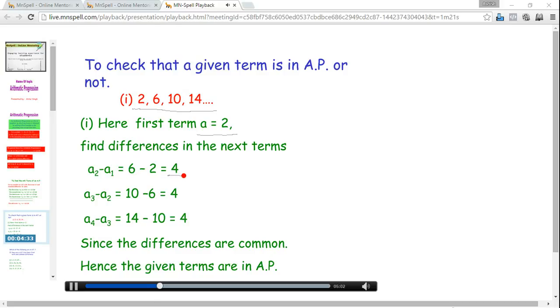The second term is 6 and the first term is 2, so we get a common difference of 4. Now the third term minus the second term gives a common difference of 4 again. The fourth term minus the third term again gives a common difference of 4. Since we get the same common difference each time, we can say the given series is an AP series.